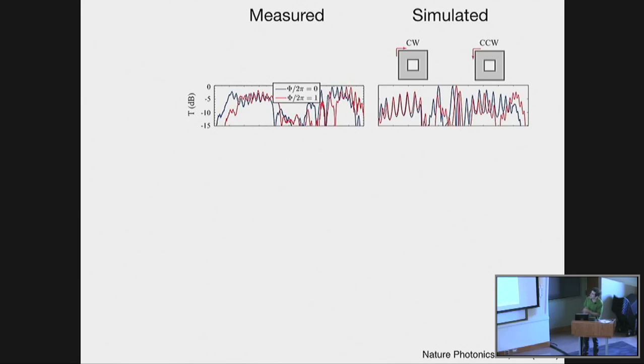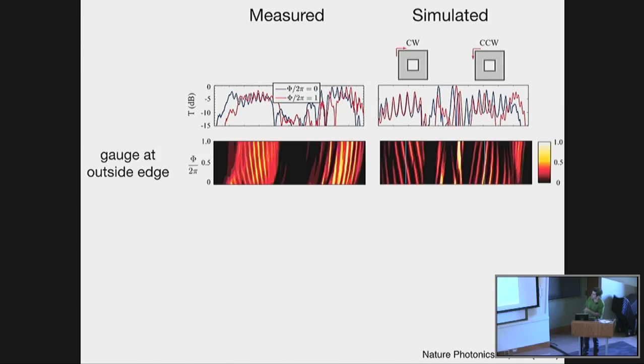What we expect is that when we go from 0 to 1, where blue is 0 and red is 1, the spectrum should repeat itself at the edge. It's easier to see in the simulated one that it will come back to the same. But sometimes it's not exact because we are looking at a finite system.